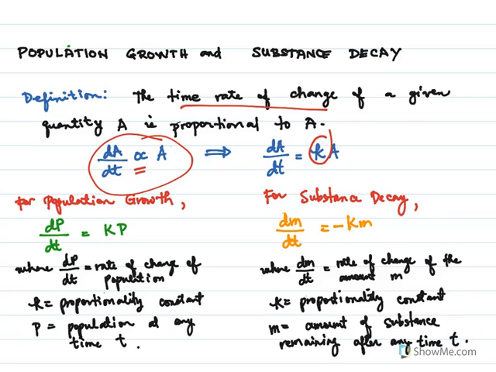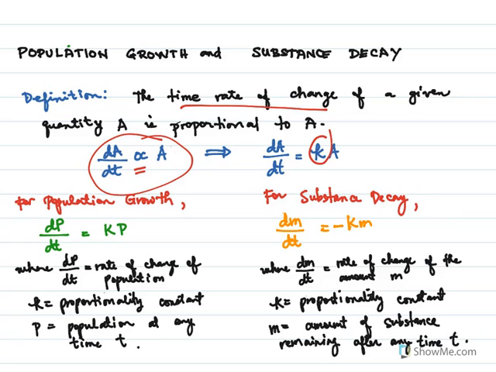For population growth, we use the variable P to denote population, and the rate of change of population with respect to time, denoted by dP over dt, is equal to kP. Where dP over dt is the rate of change of population, k is the proportionality constant, and P is the population at any time t.